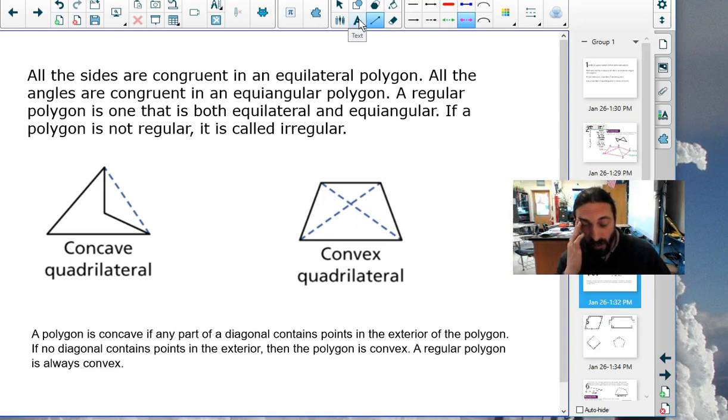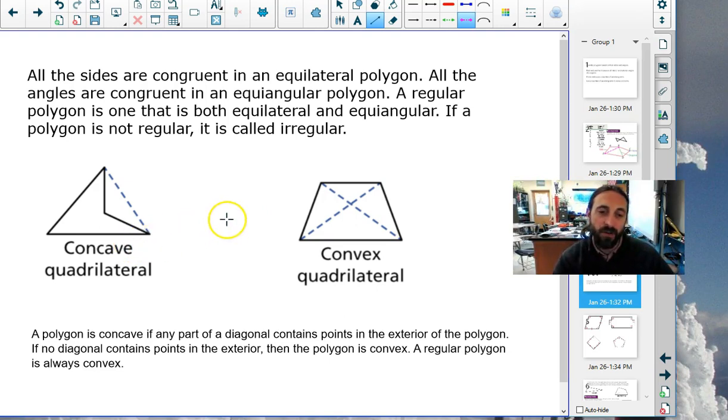I can think of one right off the bat, like a square. Same sides, same angles, right? A rectangle has the same angles, but not the same sides. So keep those things in mind. It's either regular or irregular. If the sides vary or the angles vary, or the sides are the same but the angles vary, that makes it irregular. And we're going to do an exercise. I'll show you that in just a second.